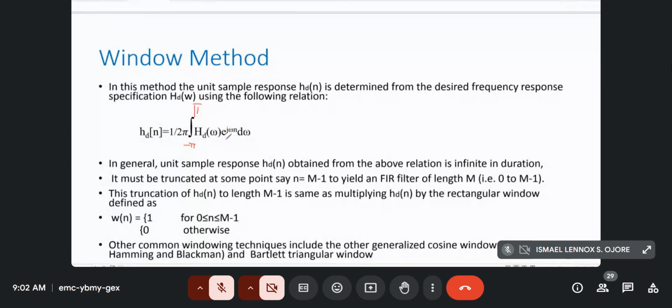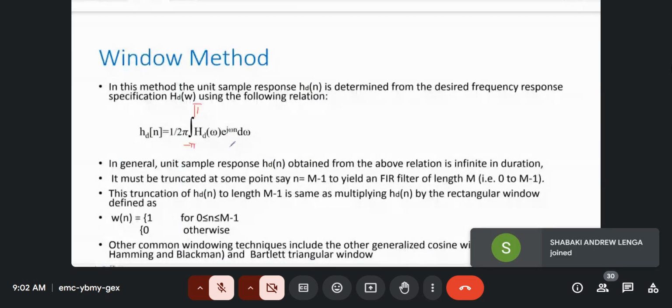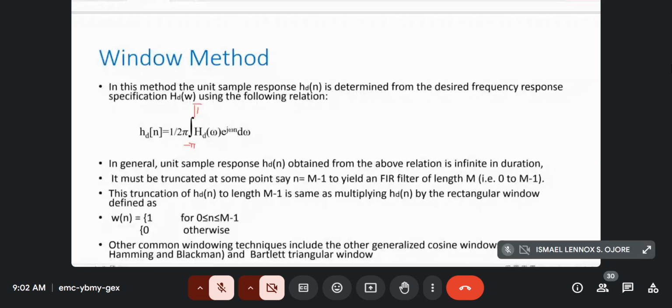Filters, as normally specified, even in some filter design packages, are specified in normalized frequency.